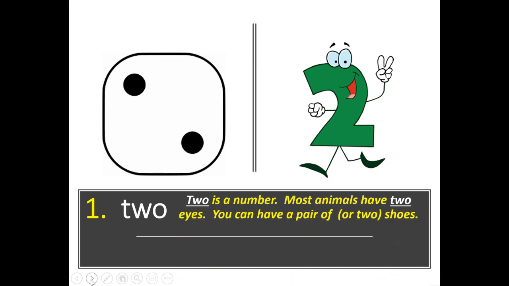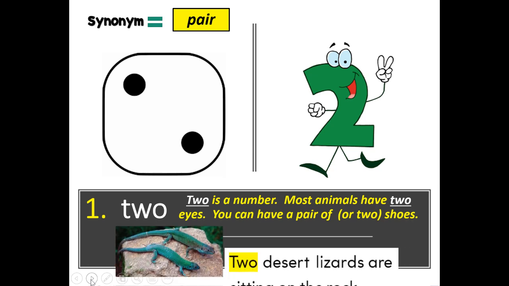Two is a number. Most animals have two eyes. You can have a pair of or two shoes. So, a synonym or a word that means the same is pair. So, if you have a pair of something, that means you have two.